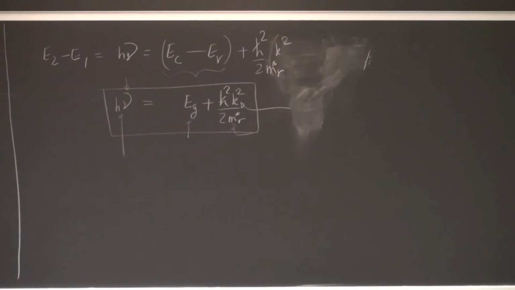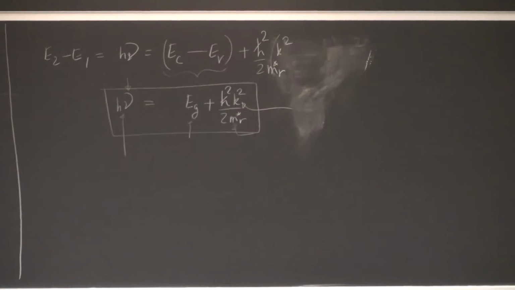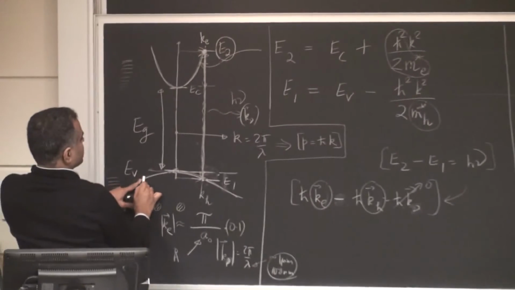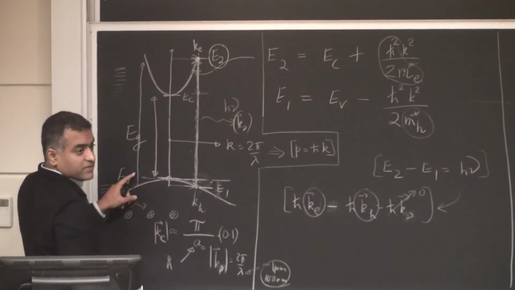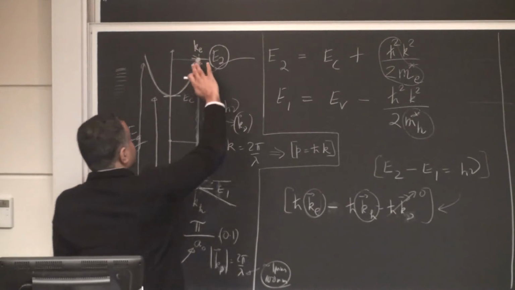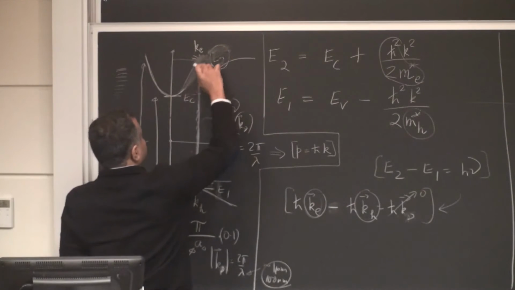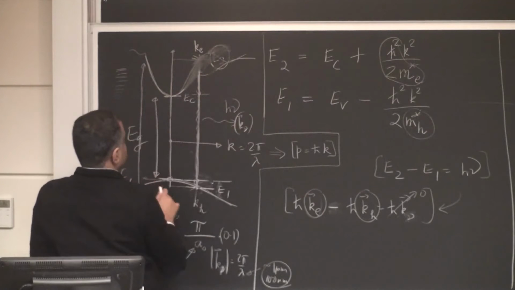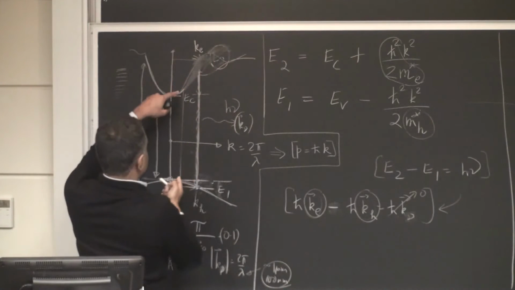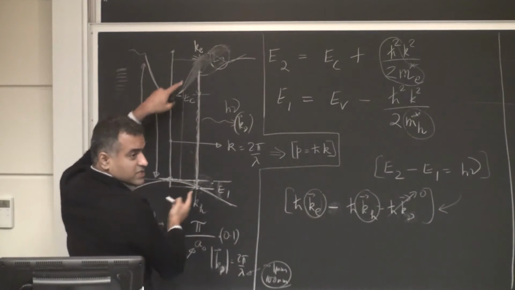There's not just one. In this picture it looks like there's only one here, but obviously if you flip it around, there's another one here with the same photon energy. In fact, if you look at the band structure in a little more detail, it may bend like that. There are some other details here. So you can actually have the same photon energy from many, many transitions.